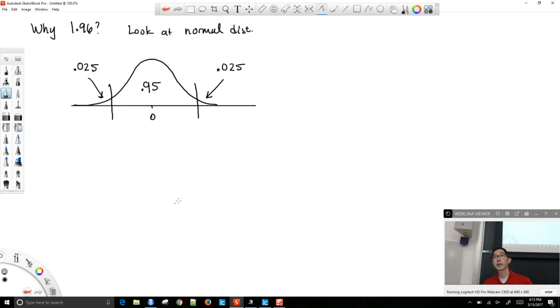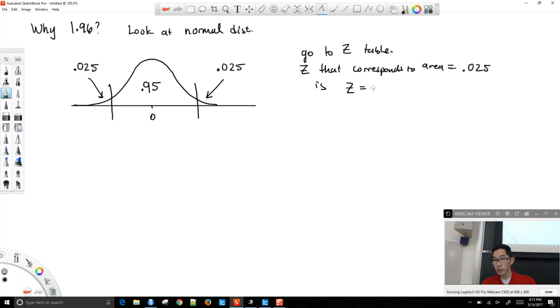over there. Right? And so if we go to the z table and we ask what is the value that's going to give me 2.5% in the lower tail, okay, so we go to the z table, the z that corresponds to area equal to 0.025 is z equal to negative 1.96.